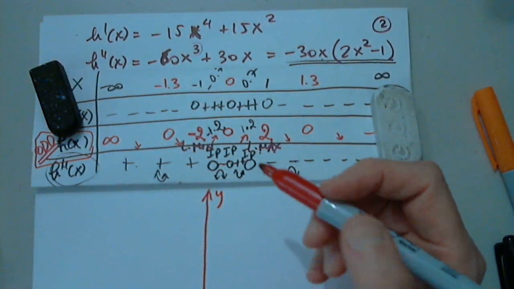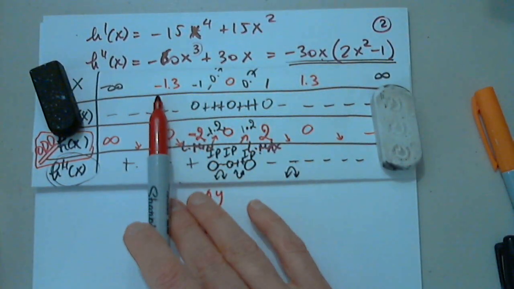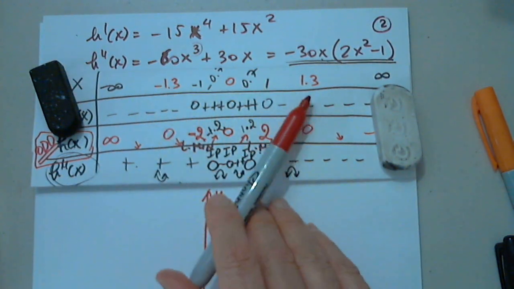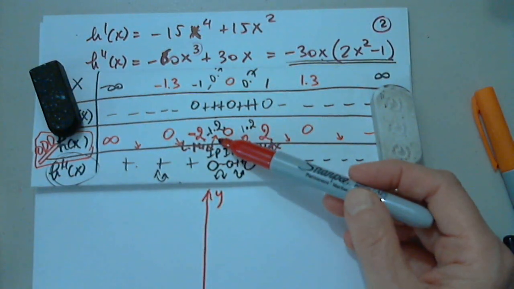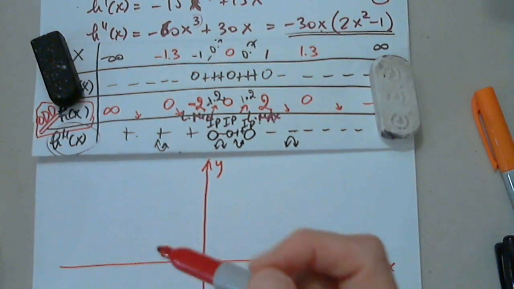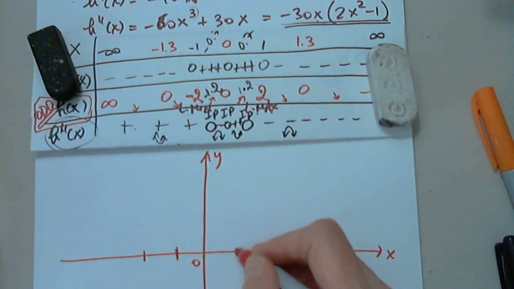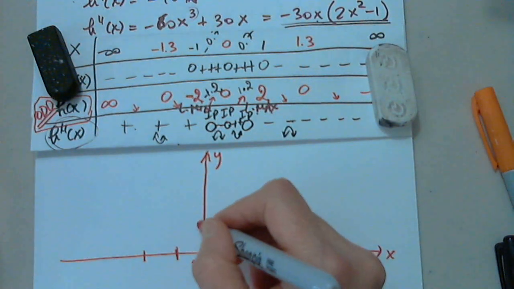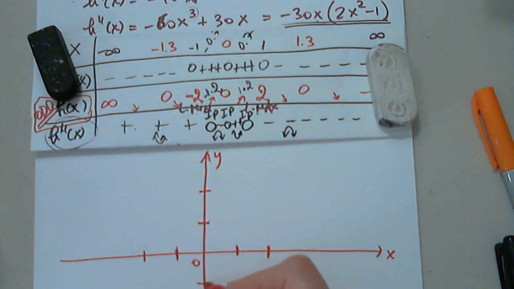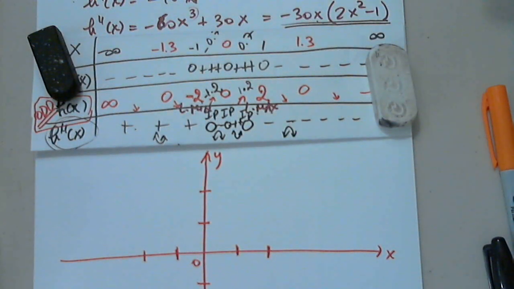Okay. So the biggest is 1.3, and here the biggest is 2. So I'm going to say this is 1, 2, big units. 1, 2, 1, 2. Okay. So first the points.